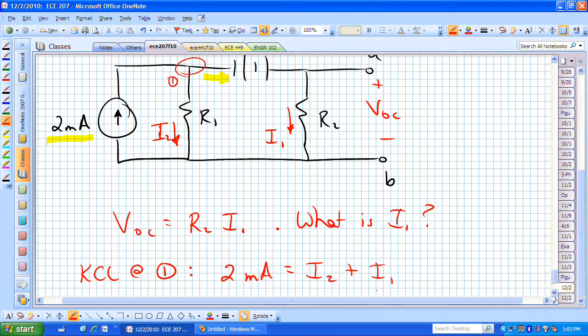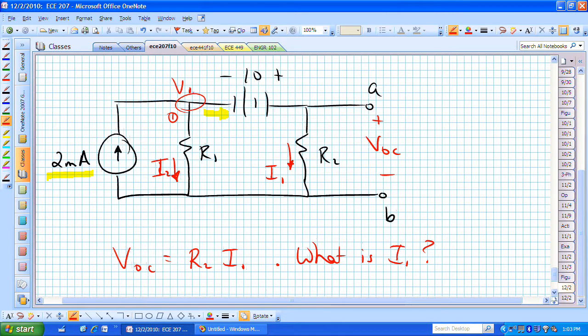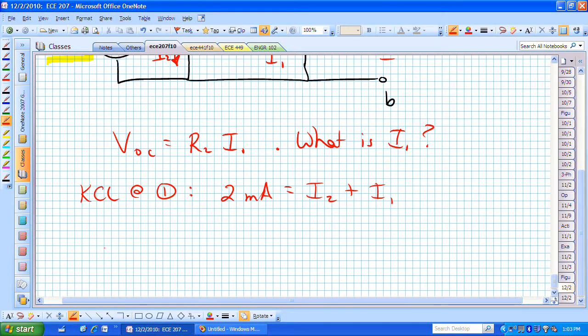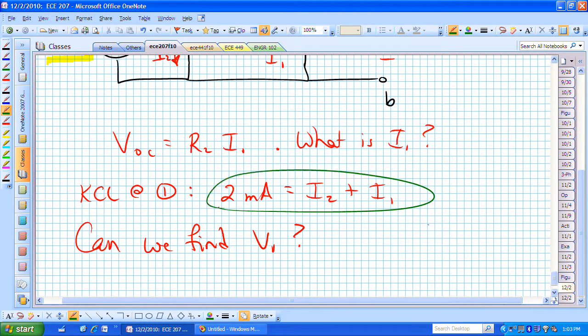All right, so now I know what the relationship is that I need, but now what is I sub 2 and I sub 1? Well, if I knew this voltage, let me call it V1 since I've labeled that node 1, if I knew V1, I could find I sub 2. Let me see if I can find V sub 1. What is V sub 1? Or can we find it? We can use this KCL equation to help us figure out what V1 is.